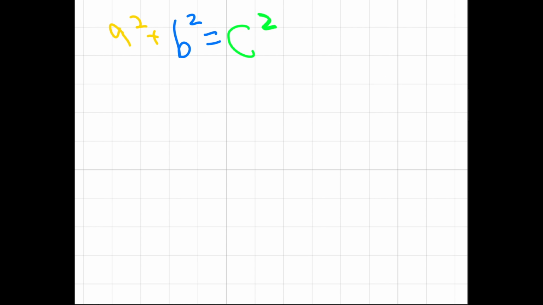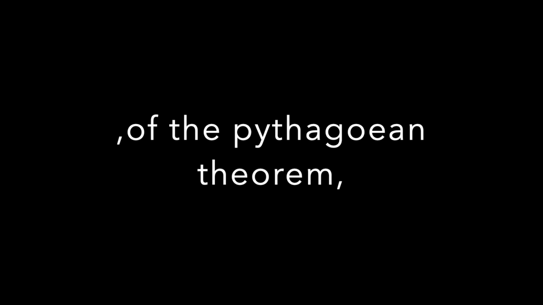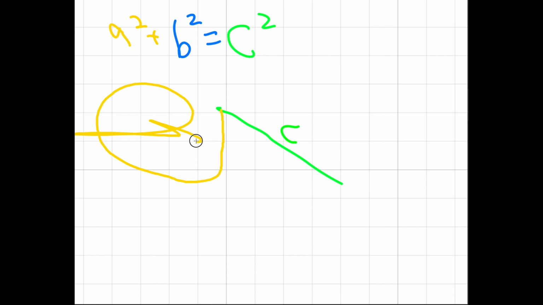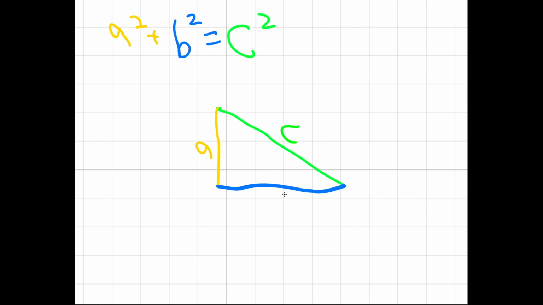Okay, so like all proofs, we're going to start with a right triangle. So this is C, here's A, and B. Right?